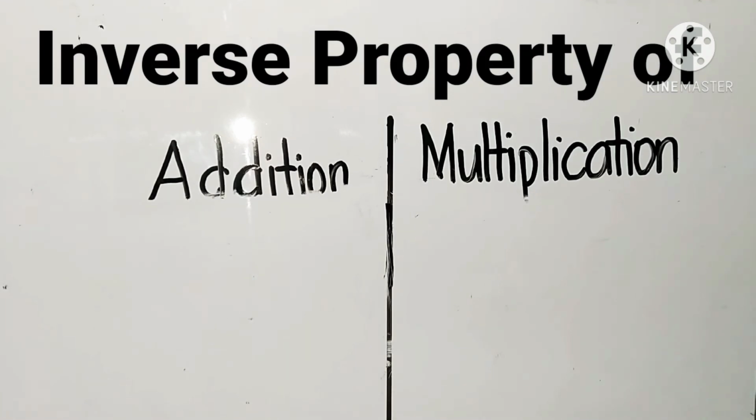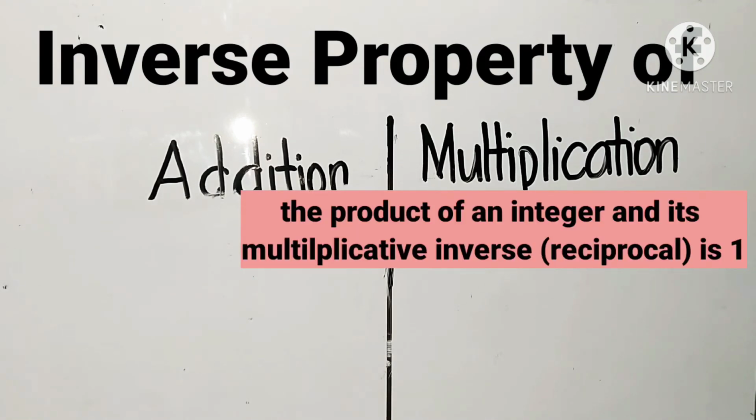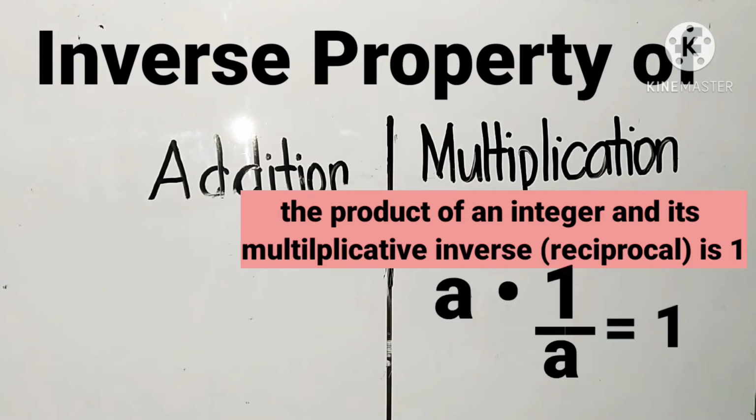In multiplication, the product of an integer and its multiplicative inverse, or commonly known as the reciprocal, is 1. Denoted by a times its reciprocal, which is 1 over a, result is 1. Provided that a is not equal to 0.